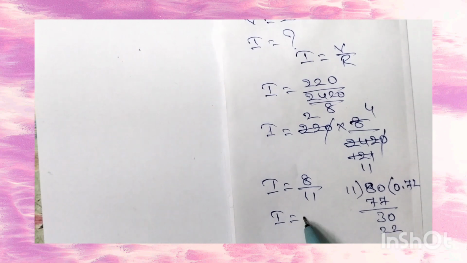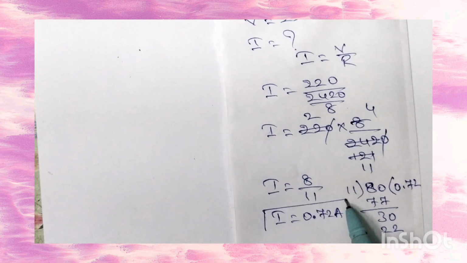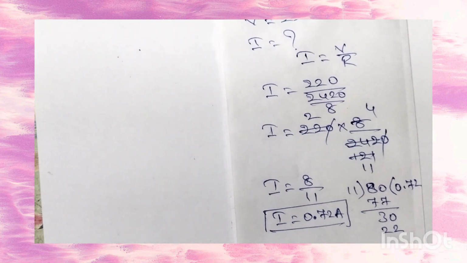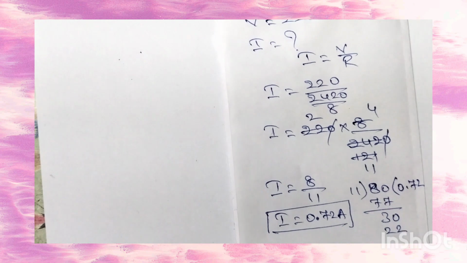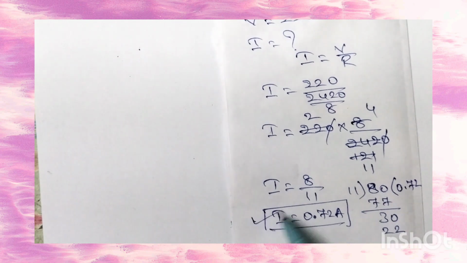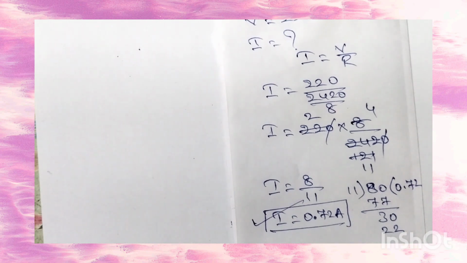So we will get 0.72 ampere. This is the current drawn from the line if the supply voltage is equal to 220 volts. So the current that is drawn will be equal to 0.72 ampere. This is how we have to solve this question.